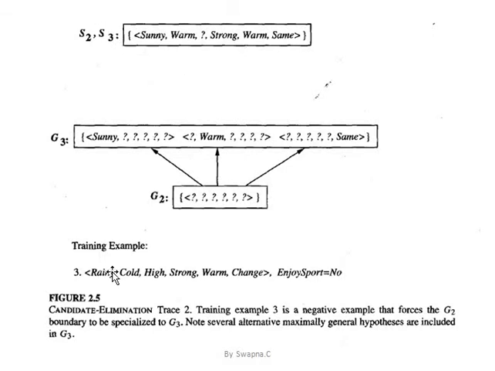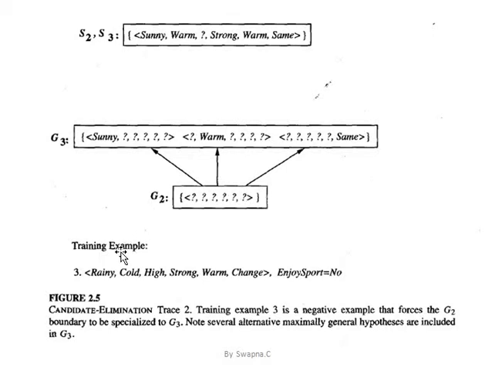Whenever we encounter a negative training example, we compare it with the specific hypothesis and write the generalized hypotheses. Here the general hypothesis changes from one hypothesis to more than one, depending upon the attribute values.